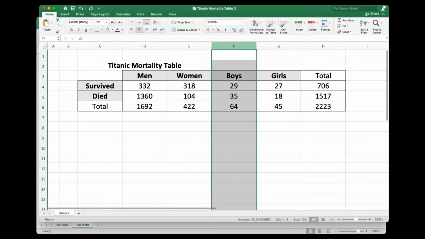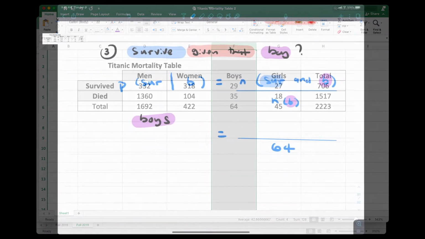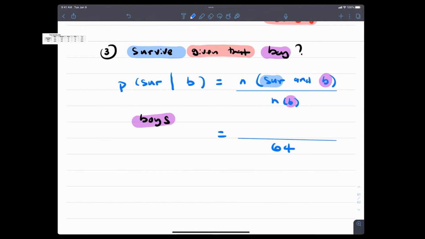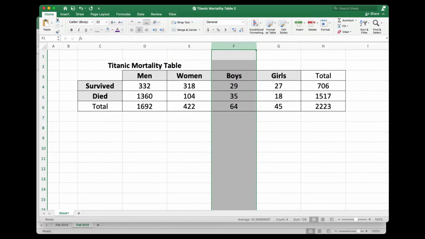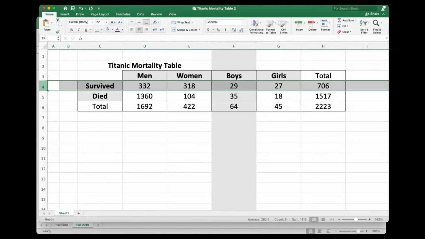How many boys are on the Titanic? 64 boys. You guys okay with that? All right. Of the boys now, how many of those boys survived? 29. Do you guys see that intersection there? You're a boy and you survived.